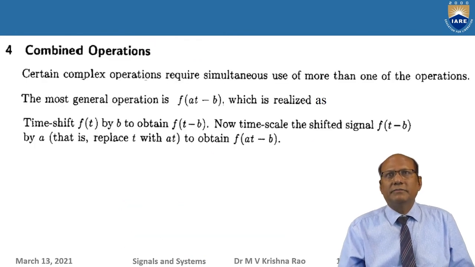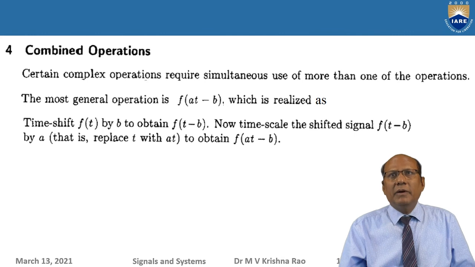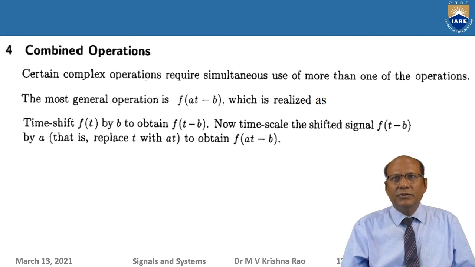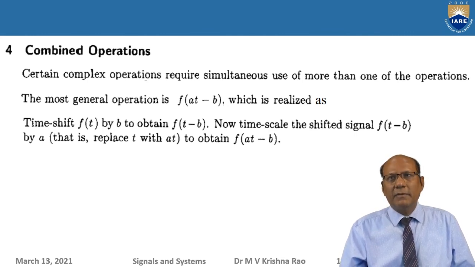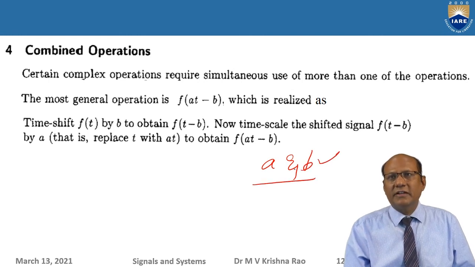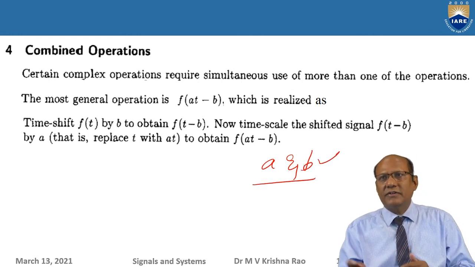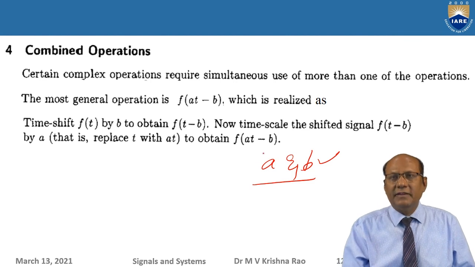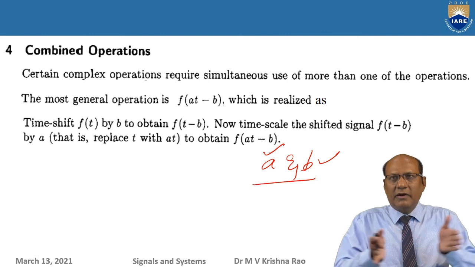Now the combined operation. Here the combined operation means you have the multiplication operation, time dilation. You have A and B, both. B is for translation, that is, time translation or time shift. And A is for time scaling, meaning compression or dilation.